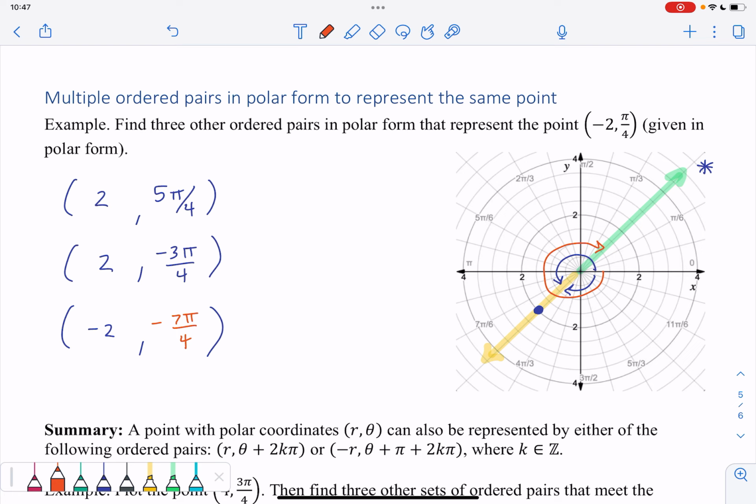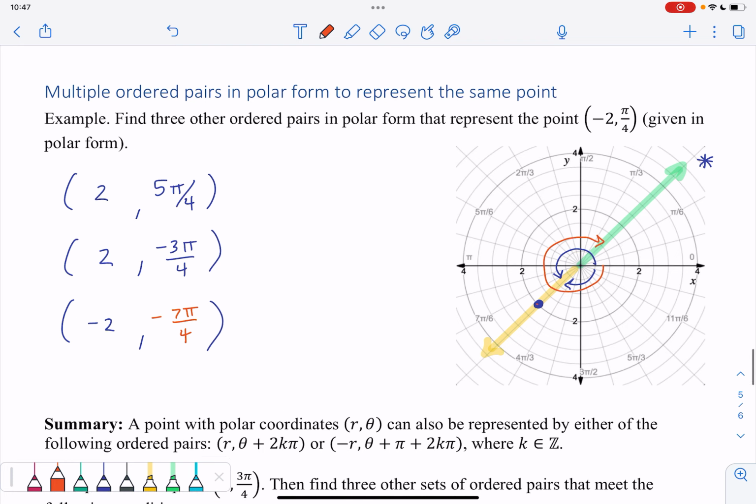Okay. And then I go to -7 pi over 4. I go, great, I'm here. And it says, actually, sorry, I'm shooting you back into quadrant 3 because of your negative r value. And then I get back to that same point. So here are 3 points that will all represent the original point. So they would all send you to that same point.